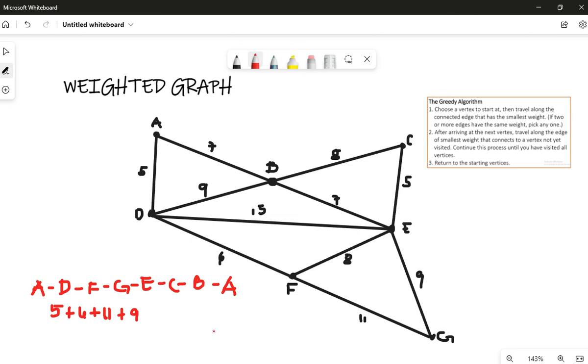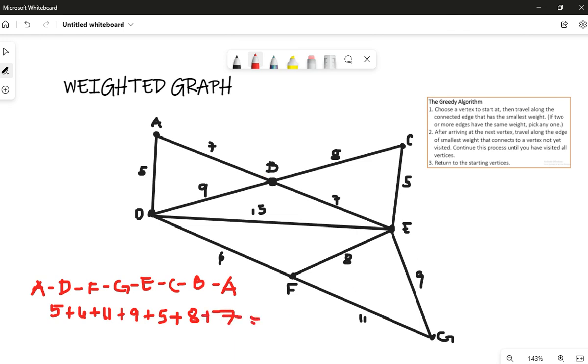From E to C, that is 5. From C to B, that is 8. And from B to A, that is 7.